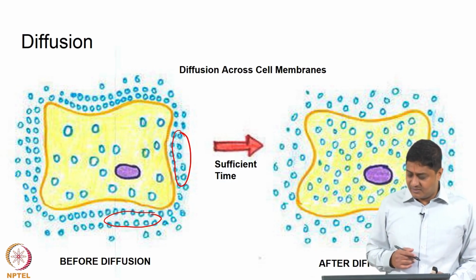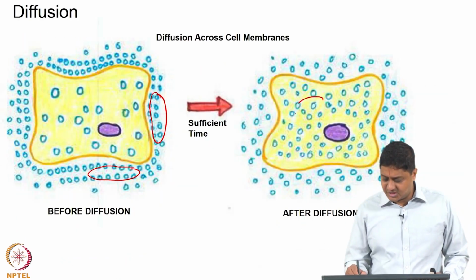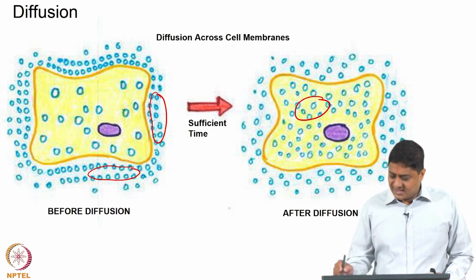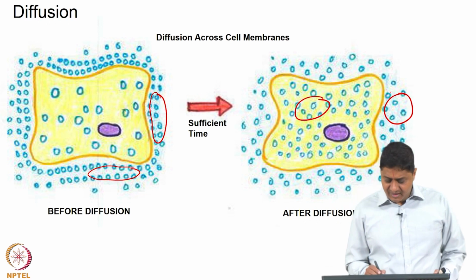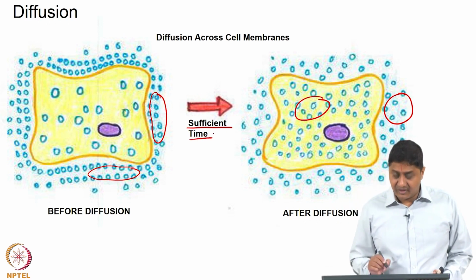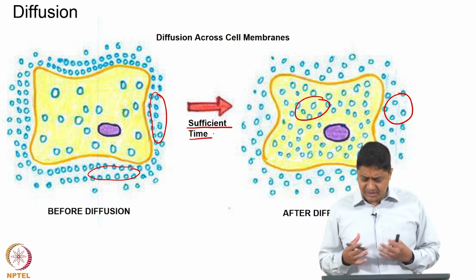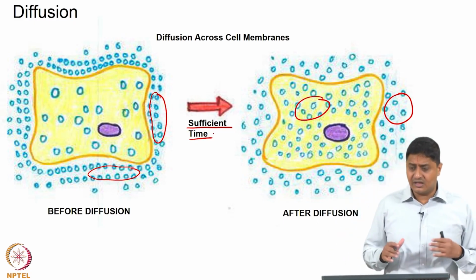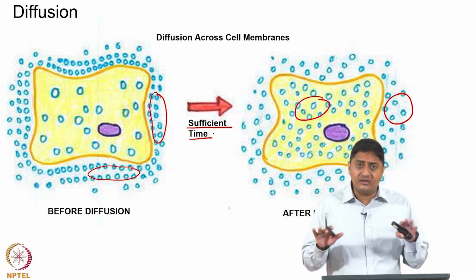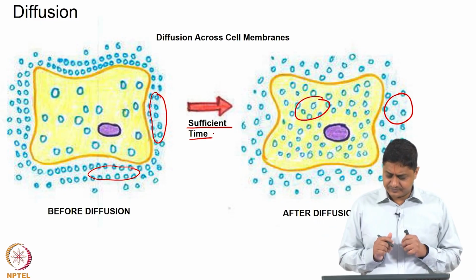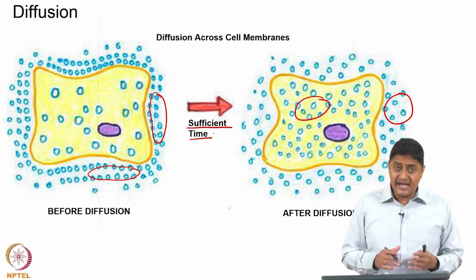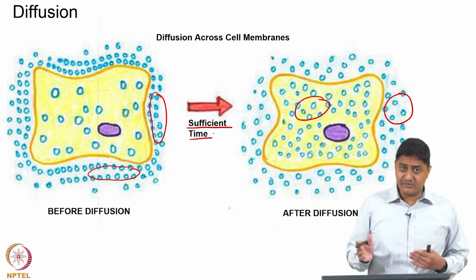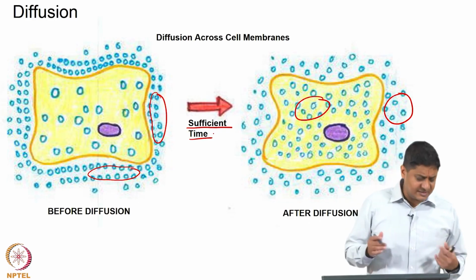Then with sufficient time you could expect that the concentration inside the cell and outside the cell is approximately the same. So, as time passes, after some time there is going to be an equal concentration of this substance inside the cell and outside the cell, and the net movement of particles from inside and outside is going to be approximately 0.